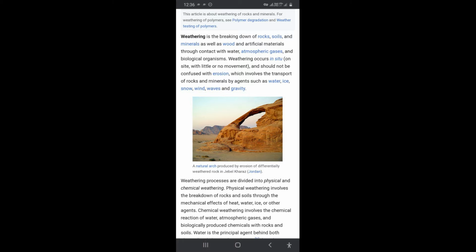So you have to think how these rocks get weathered, because their surfaces are exposed to the atmosphere, and the atmosphere contains certain gases and it contains moisture.